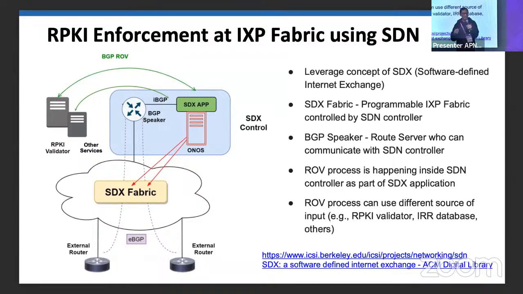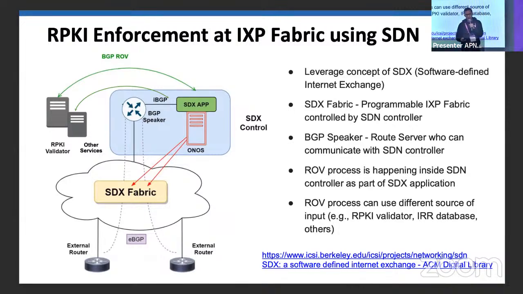But today we go directly with the help of technology like SDN. Here we leverage the concept of SDX, software defined internet exchange, and we call it the SDX fabric. Basically, it is the same as an IXP fabric, but it is programmable and can be controlled by the SDN controller. And then we have a BGP speaker, similar to the route server, that can communicate with the SDN controller.